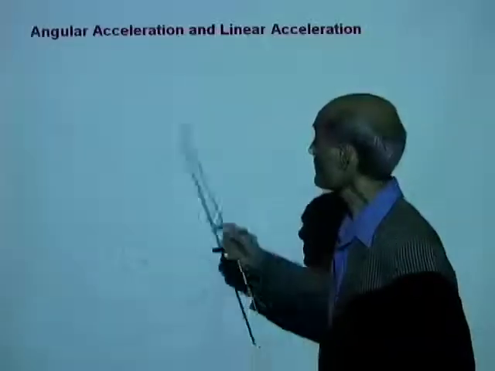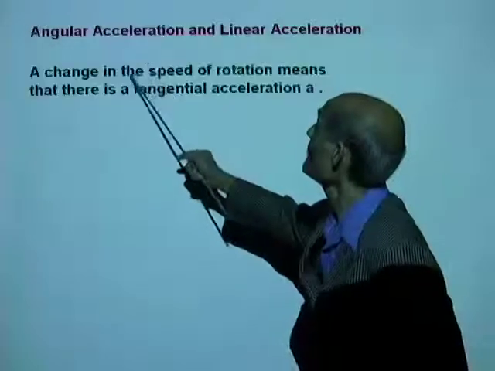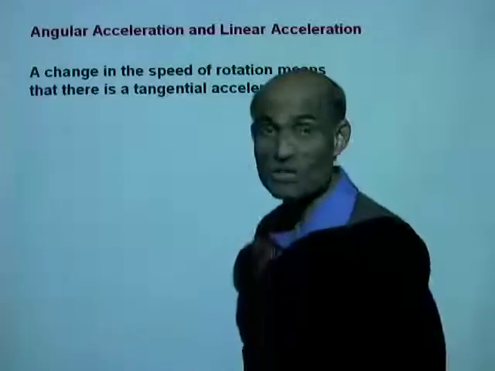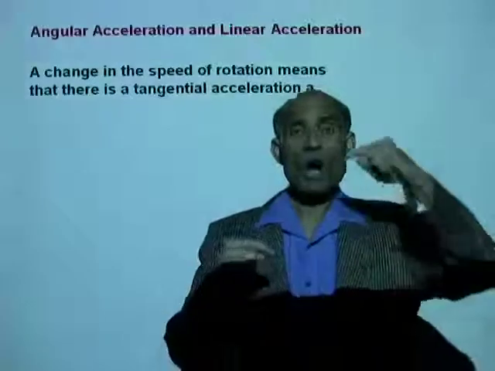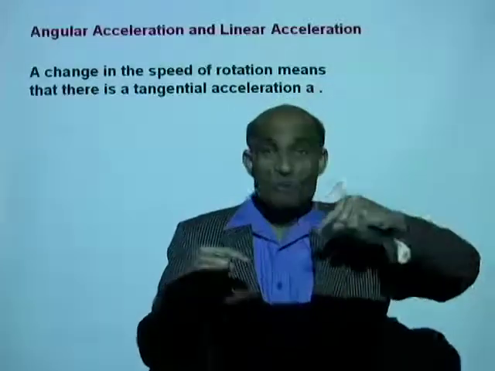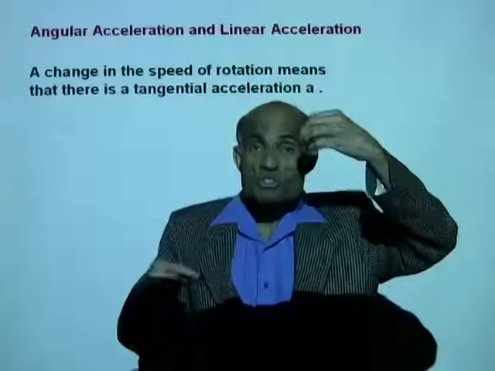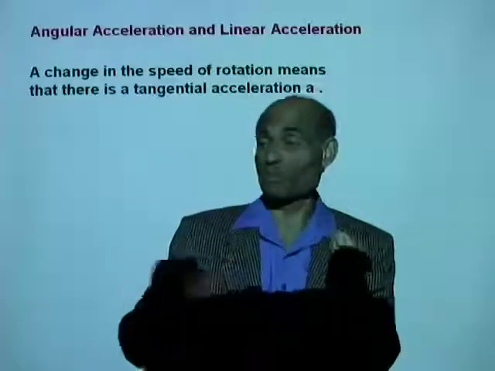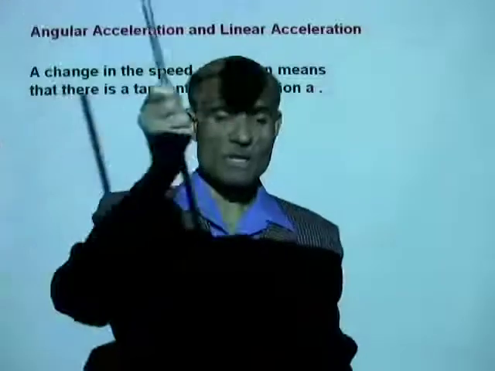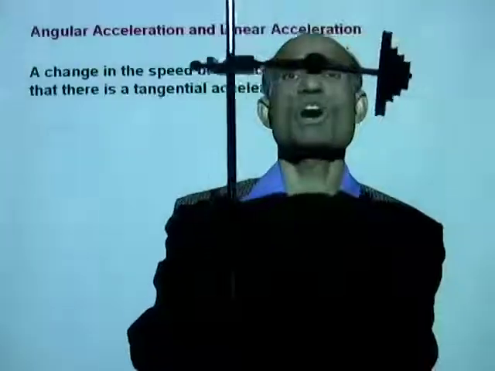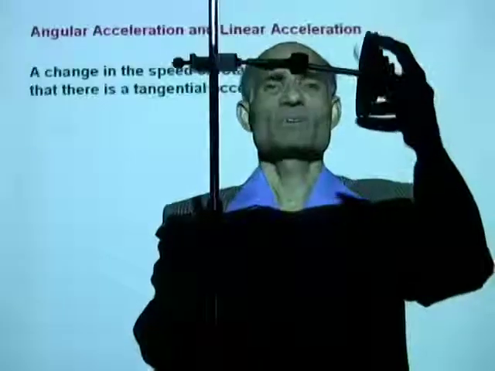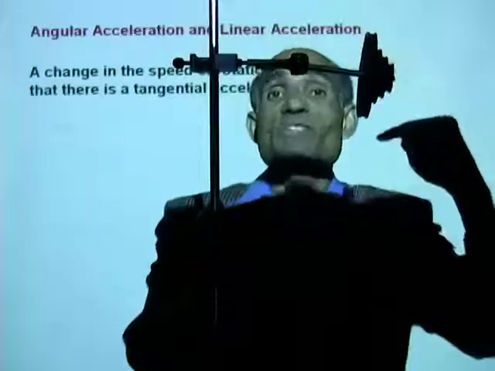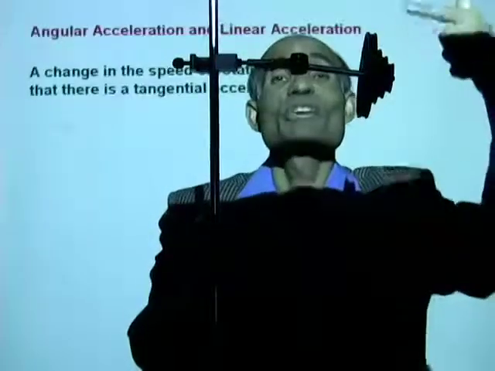Now, a change in the speed of rotation means that there is a tangential acceleration. You see, the only way you can change the speed of rotation is to change the linear speed of every point on the object. If I want to increase the speed of rotation of this disk, a point on that disk is going to move faster when the angular velocity increases.